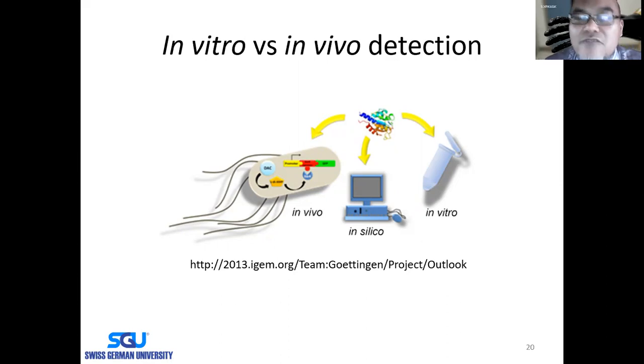Like I mentioned, in the current urine analysis, you first have to urinate in the toilet. You bring your urine sample to the lab, and then the lab technician will put that urine into the urine analyzer.